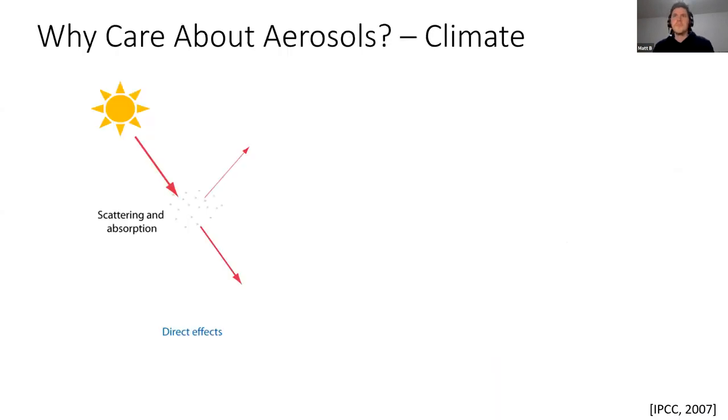Okay, great. So this is really relevant because clouds and aerosols are both relevant for climate in a pretty significant way. So aerosols themselves, even though they're quite small, when you have a lot of them in the atmosphere in different layers, they interfere with light. And you've seen this.